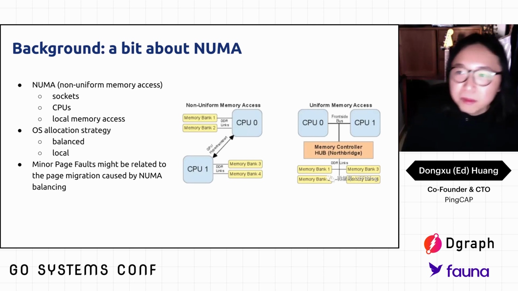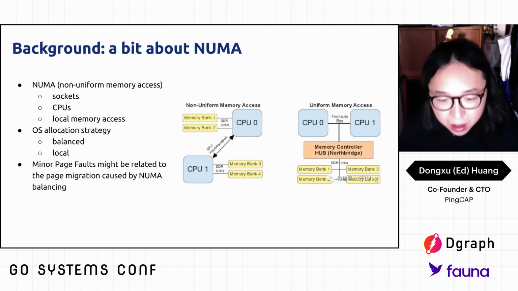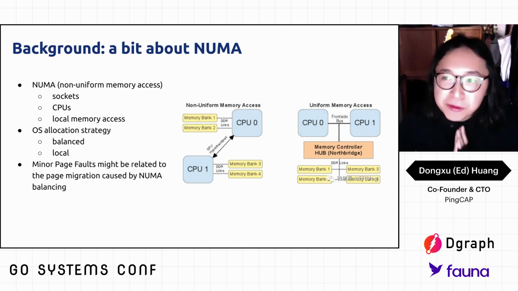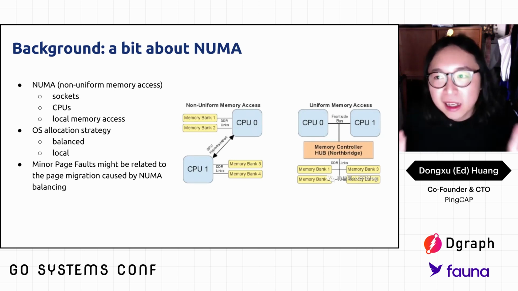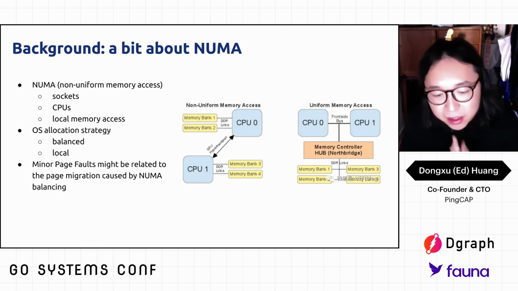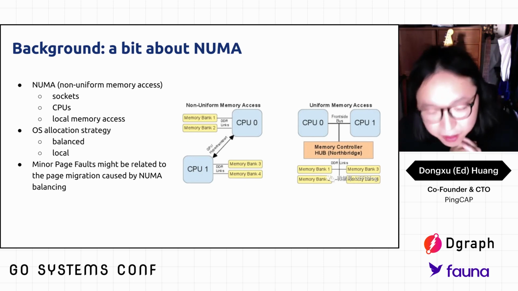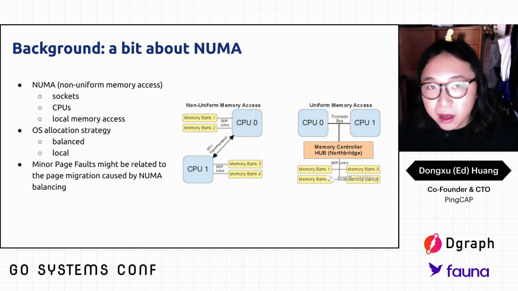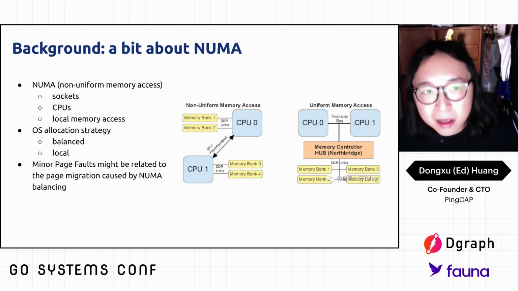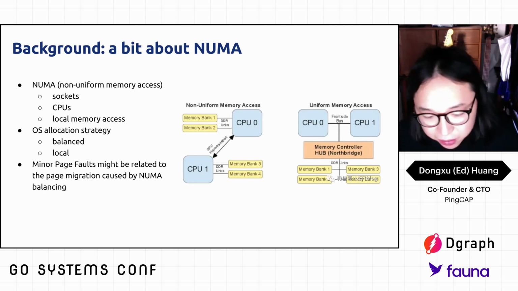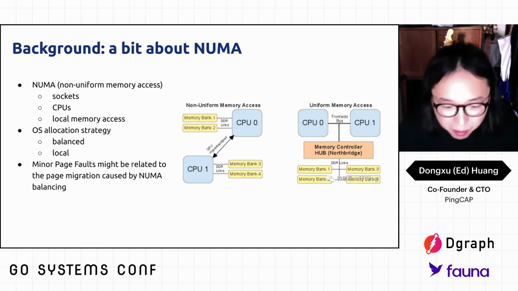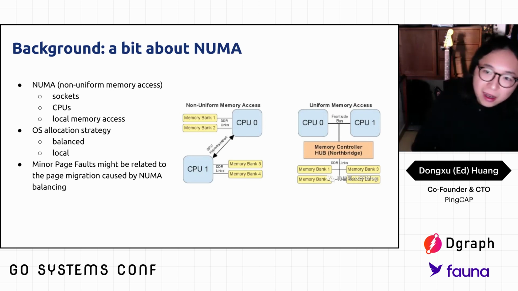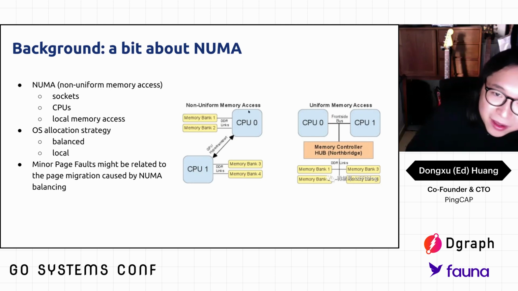So back to the NUMA part, back to the beginning: we can see that when you separate the process and set the CPU affinity, the performance is greatly improved. The reason behind this is the NUMA architecture.